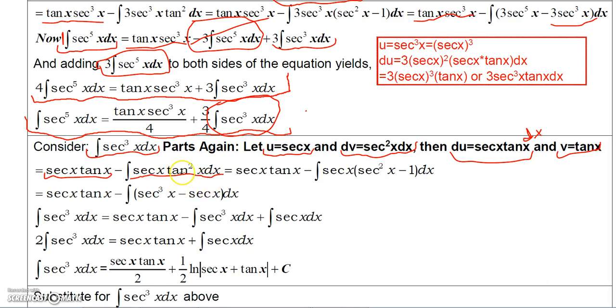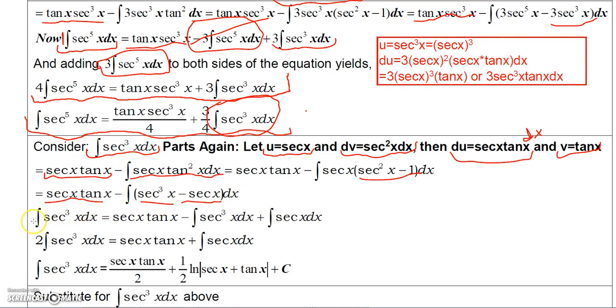Okay, then I can replace the tangent squared x here with secant squared x minus 1. And now finally that will equal this term, secant x tangent x, and then minus, if I distribute the secant x, I get minus secant cubed x minus secant x dx. And so now, what have I shown?